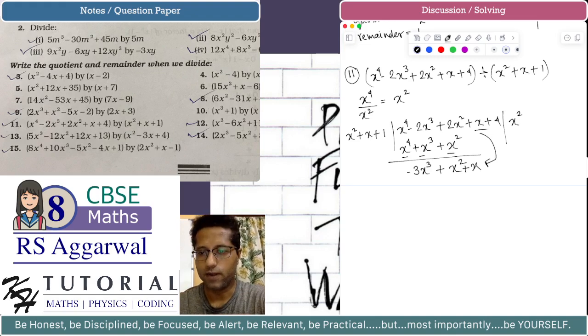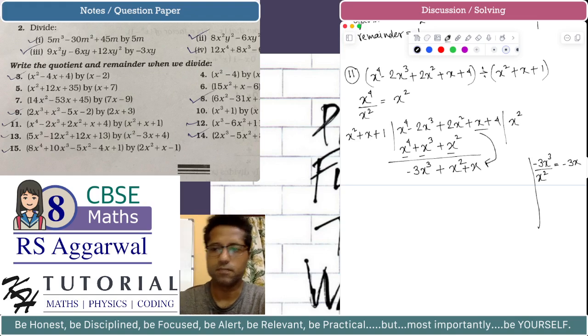Now we have to find the next term in the quotient, which will be the first term of the dividend divided by the first term of the divisor. Minus 3x cube divided by x square is equal to minus 3x. So minus 3x becomes the next term of the quotient.